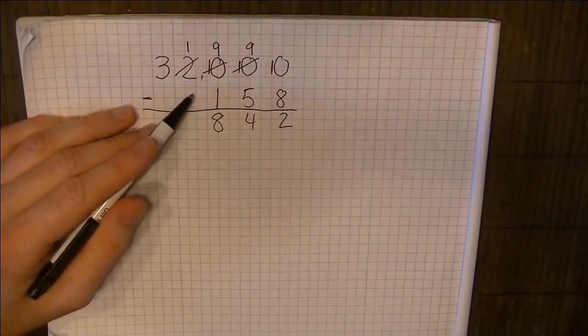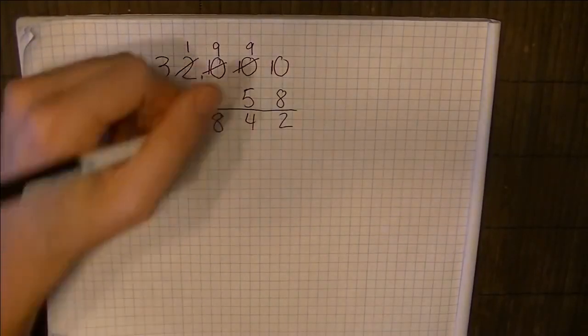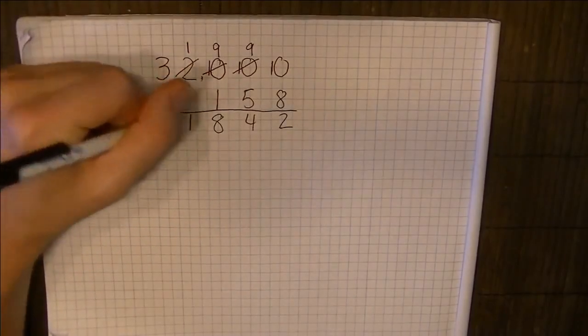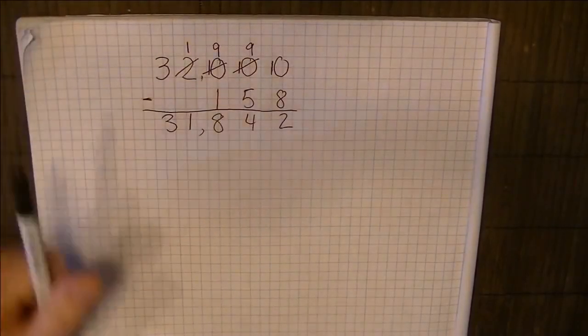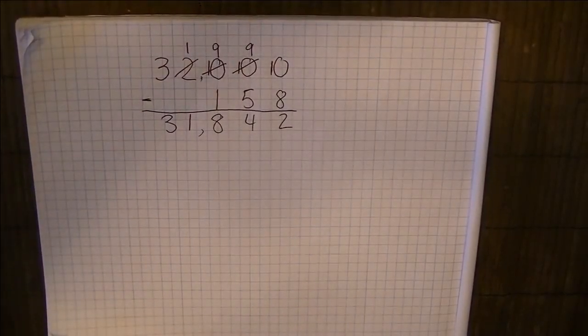There's 0 in the thousands column, right? There's nothing in the thousands column. So 1 minus nothing is 1, and 3 minus nothing is 3, leaving us with 31,842. All right? So now you have everything you need to go practice some subtraction. Enjoy. Next up, multiplication.